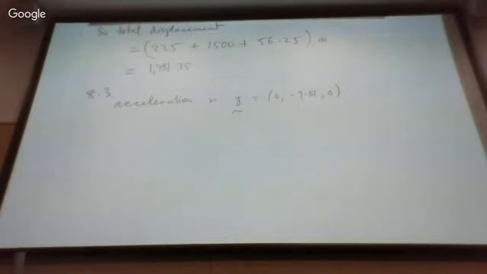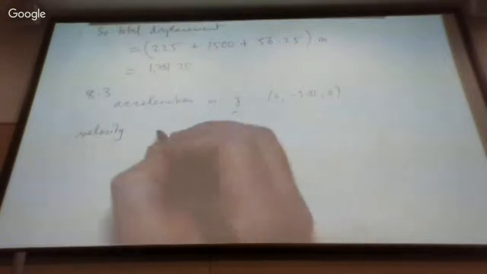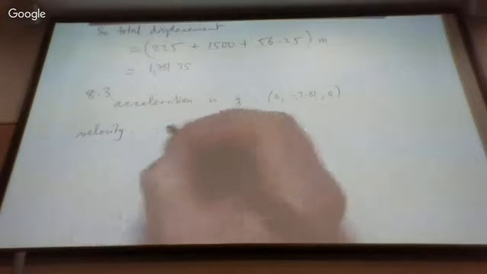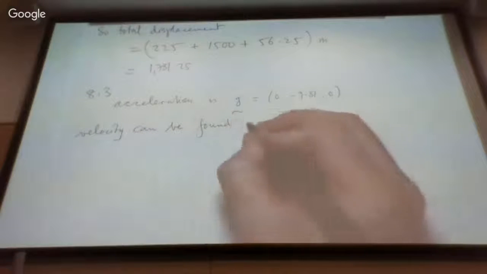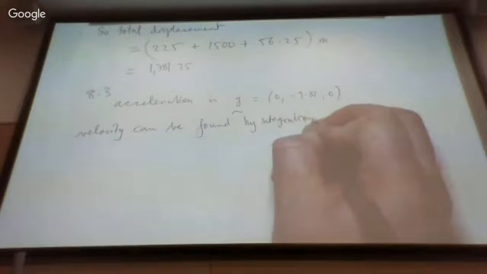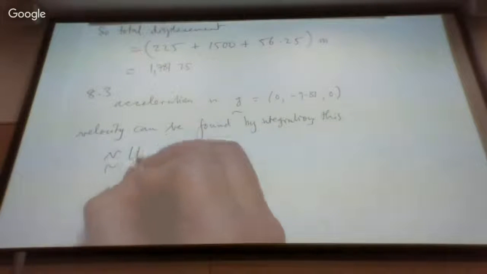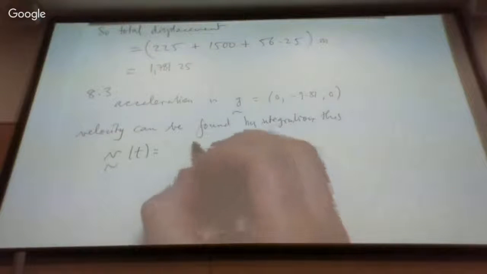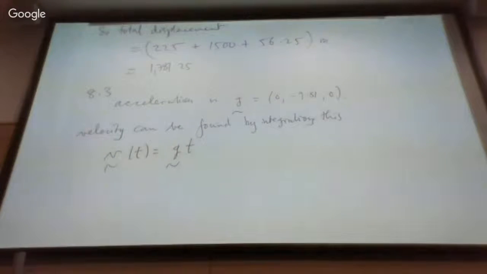So if we integrate that, then we can say that the velocity can be found by integrating this. So we'll get velocity at time t is going to be g times t plus a constant of integration.